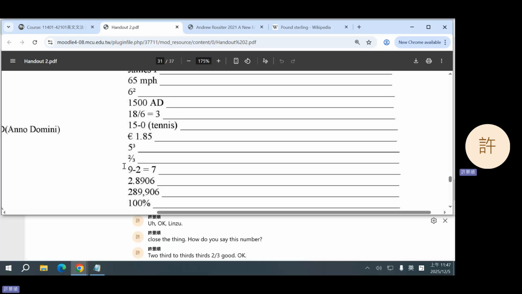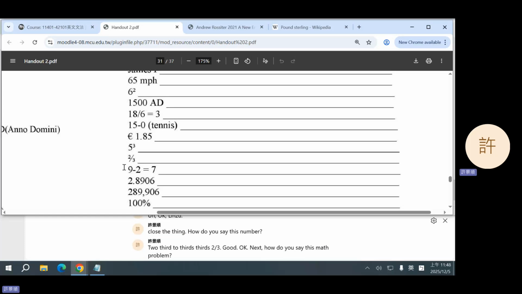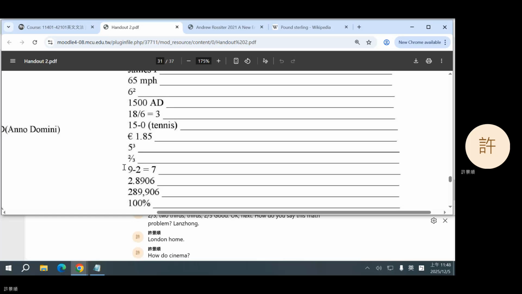Okay, next, how do you say this math problem? Yeah, how do you say this math problem?